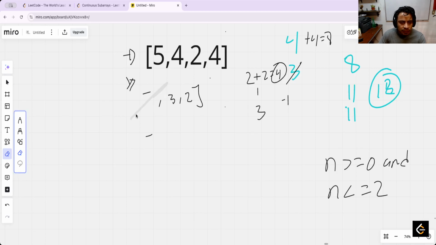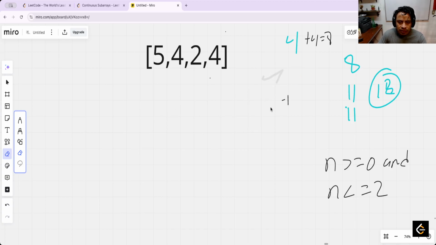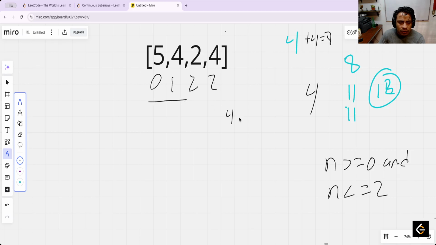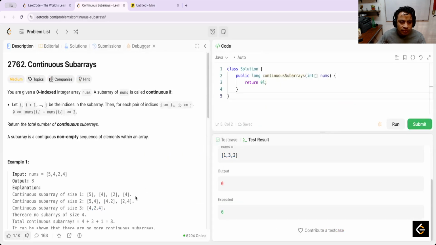Let me check. For example, in this case, it's an even length. Sorry, it's a 0, 1, 2, 2. Okay, if we have 4, 1, 2, 3, 4 plus 1, it's equal 3 plus 3, it's equal 7. No, here the answer is 8.